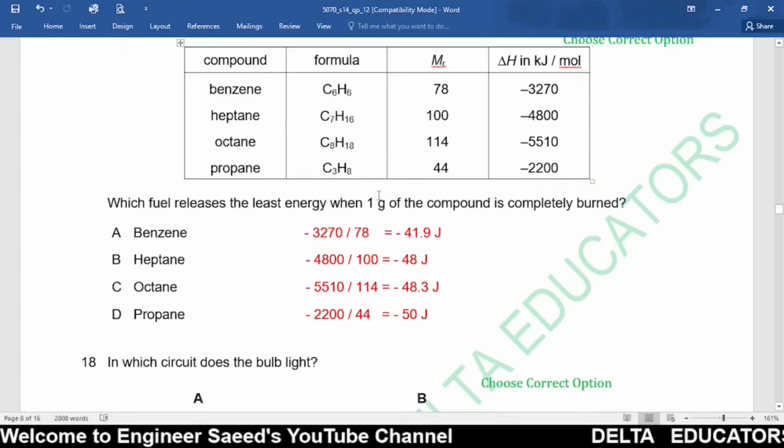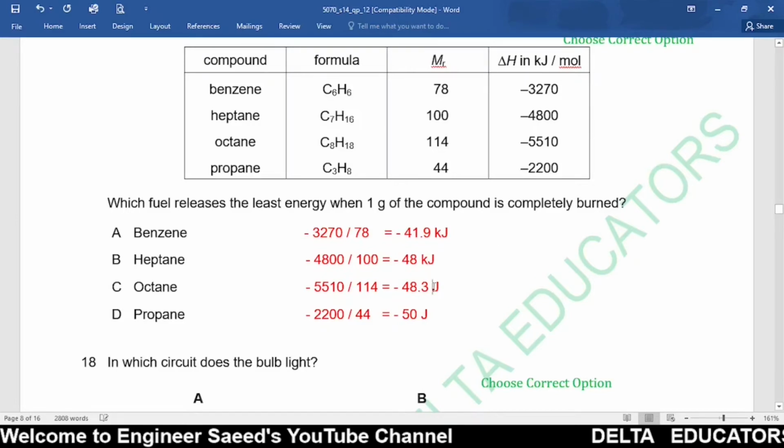Now here first we will calculate the amount of energy released in 1 gram. This energy is from 78 gram. So from 1 gram it will be equal to 3270 divided by 78. It will be equal to 41.9 kilojoule. Now in the same manner we have calculated the energy in 1 gram in heptane, in octane and also in propane.